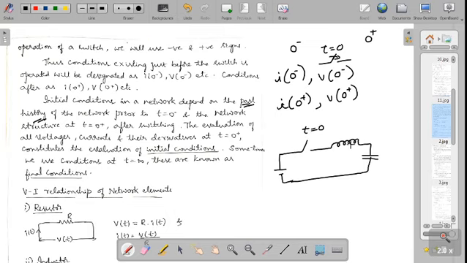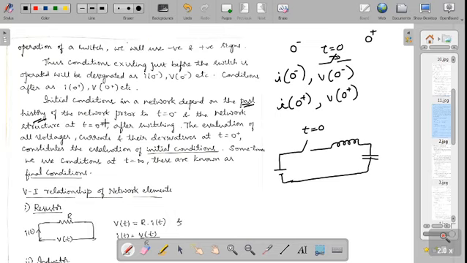So whenever there is an inductor and capacitor, we need to make sure that in the past, before placing these components in the circuit, whether the inductor had some current being carried into this circuit, or whether the capacitor had some voltage that is being carried into this circuit.